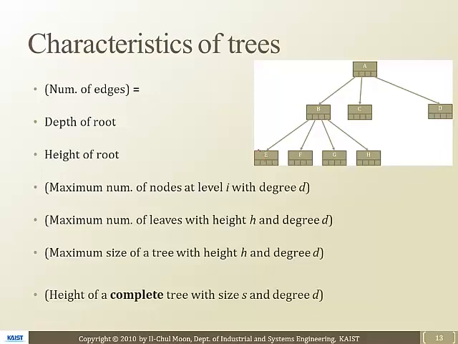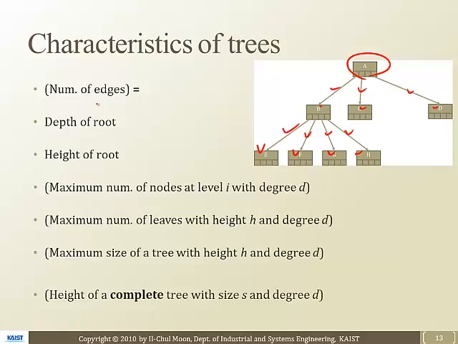For example, E has an edge to B. F has an edge to its parent. G has an edge to its parent. H has an edge to its parent. B has an edge to its parent. C has an edge to its parent. D has an edge to its parent. A does not have an edge to a parent, except one node. Every node in tree structures has exactly one edge to its parent, right?